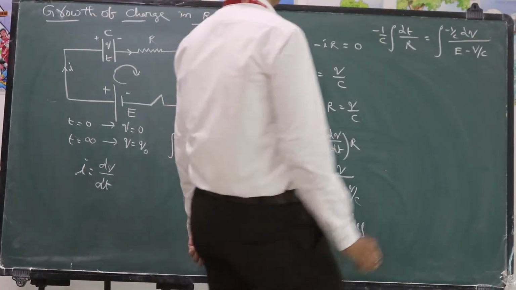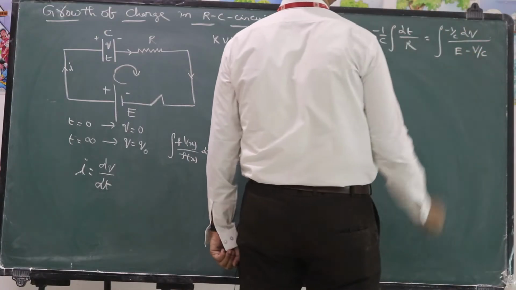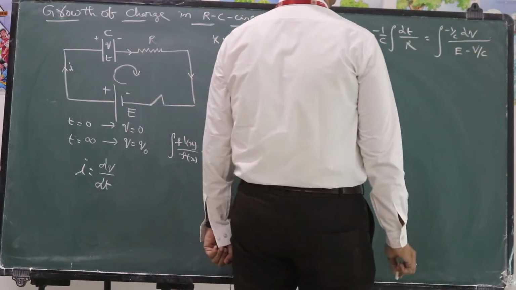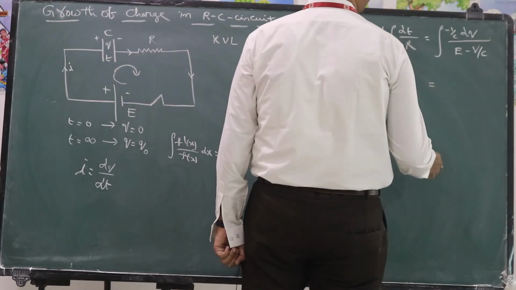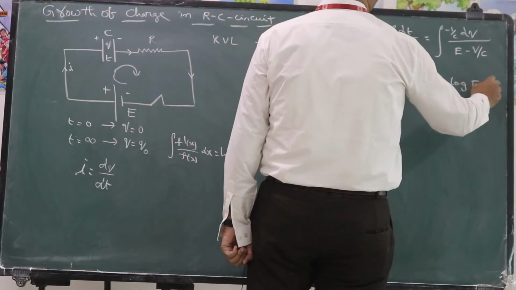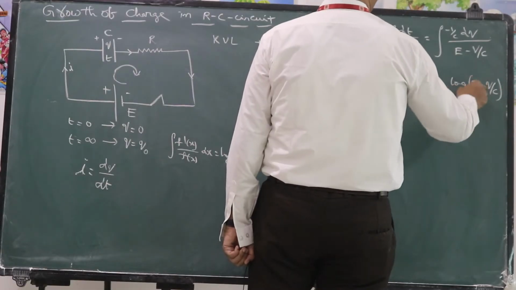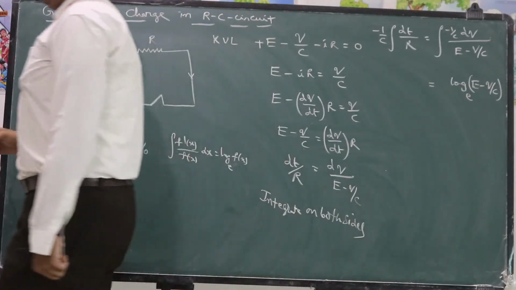Then what will happen? The denominator is like f of x, its derivative is in the numerator. So you can write it as log f of x, that means log of E minus q by C to the base e.